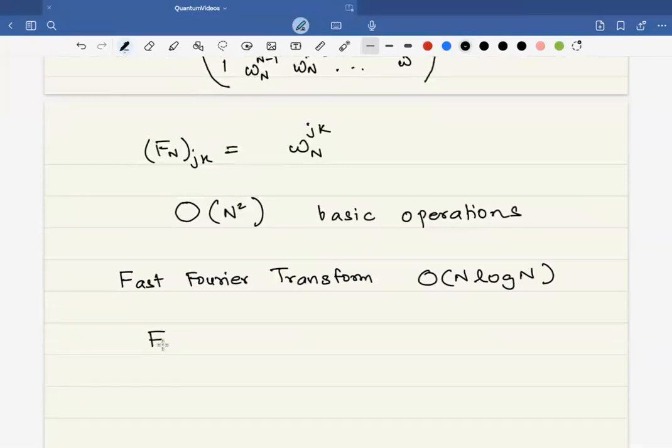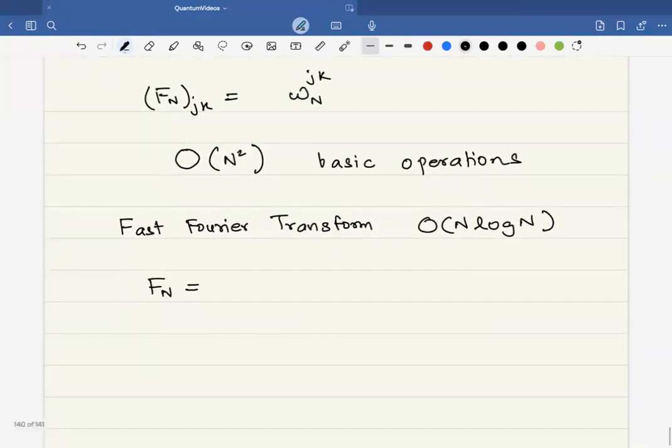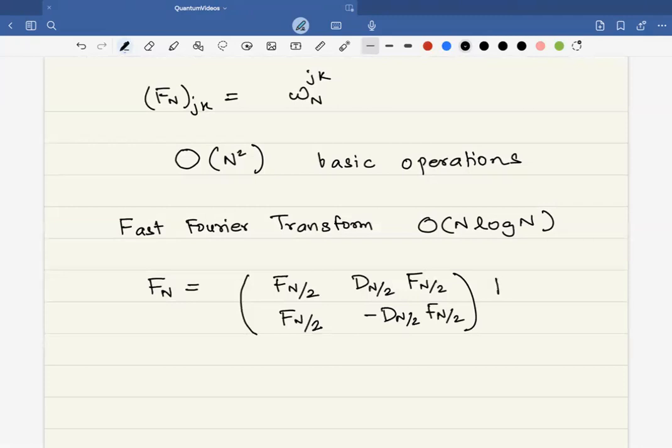If I have an n-dimensional Fourier matrix, and I'm assuming n for the time being to be a power of 2, then I can write this as Fn over 2, Fn over 2, Dn over 2 Fn over 2, minus Dn over 2 Fn over 2, times some permutation matrix. So this is some permutation matrix, right? So these are n over 2-dimensional Fourier transforms, and this is a diagonal matrix.